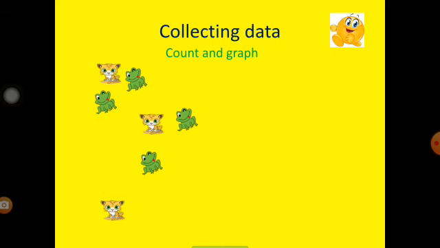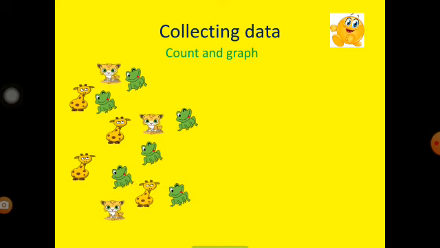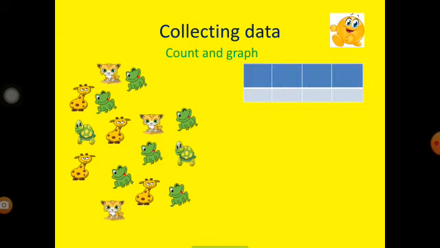I have cats, and also I have frogs, and I have giraffes, and I have turtles. So, how many types of animals? I have cats, frogs, giraffes, and turtles.